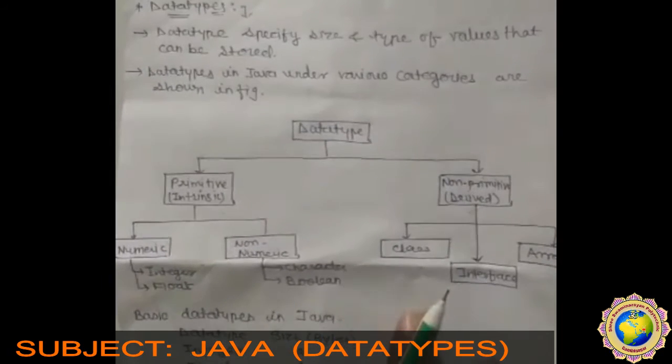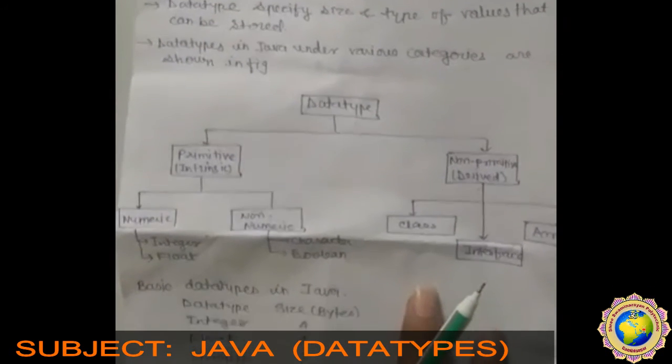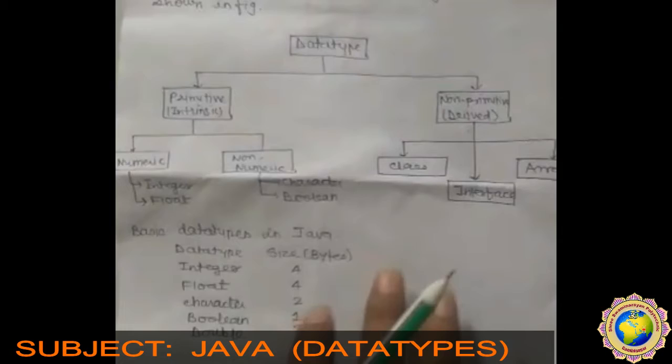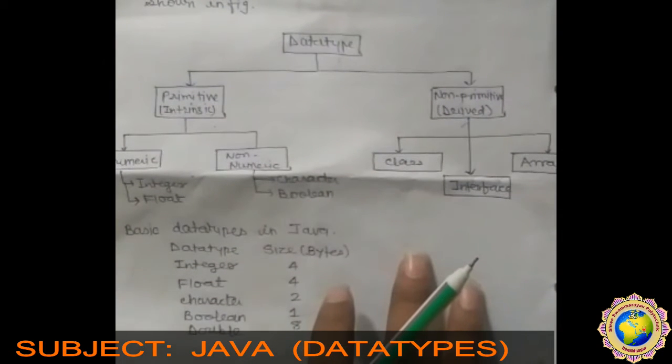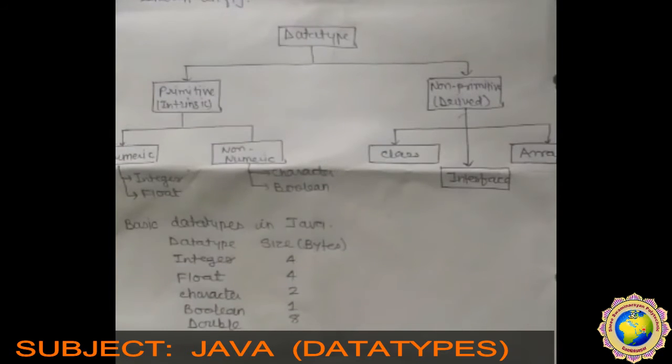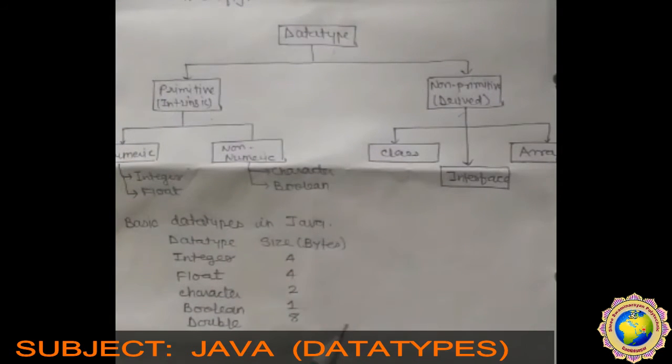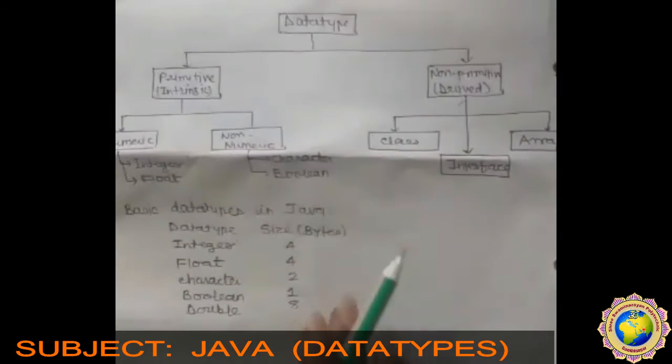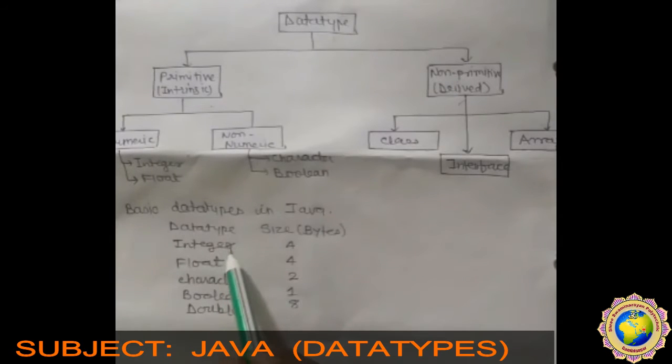Now we have to see the basic data types in Java. Which are the basic data types? We have seen in C++ also: integer, float, double. So these are the basic data types in Java: integer, float, character, boolean and double.